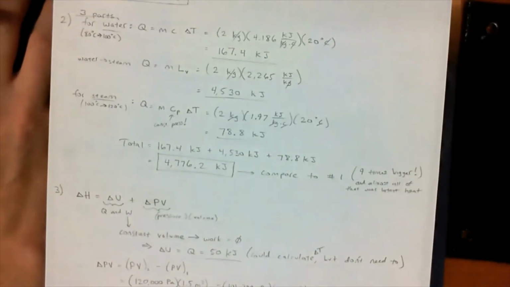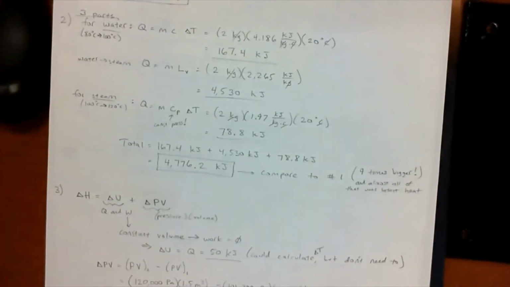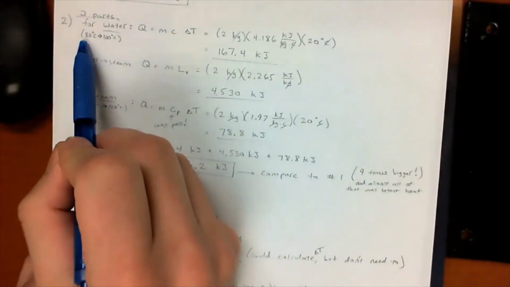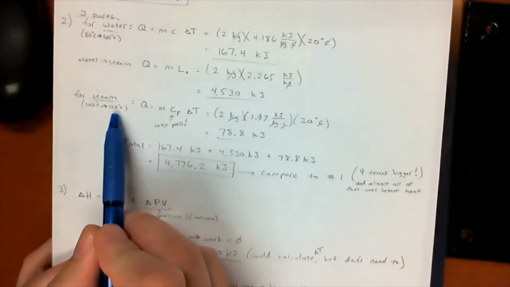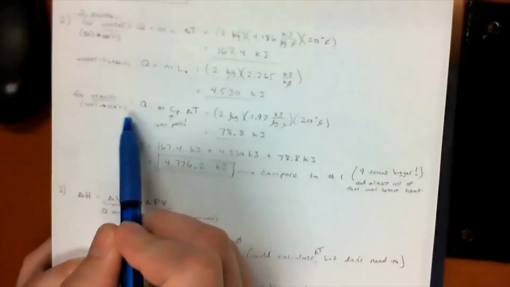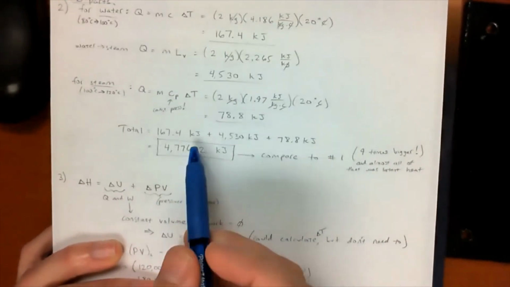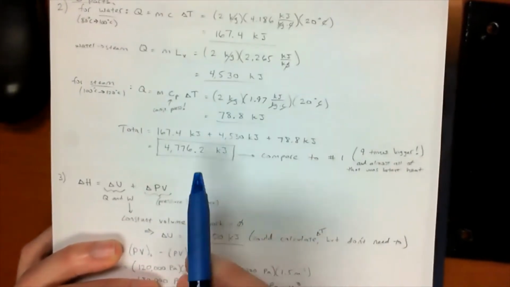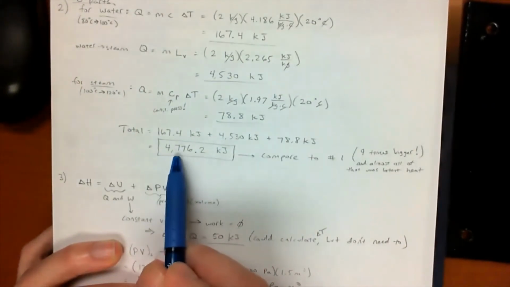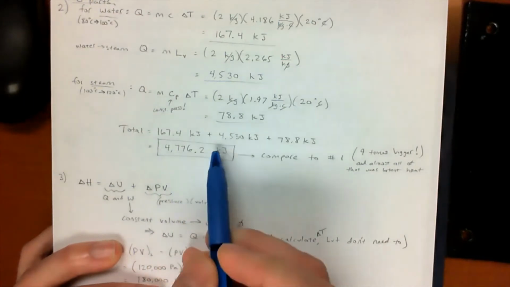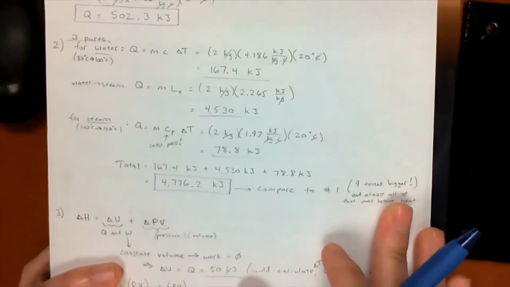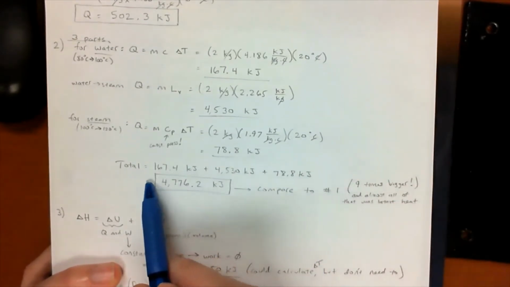So now we have to add these all together, because if we want to get from point 1, 80 degrees Celsius water, up to 120 degrees Celsius steam, we need to go through each of these separate steps. So we just add them all together. This value plus this value plus this value gives us 4,776.2 kilojoules.